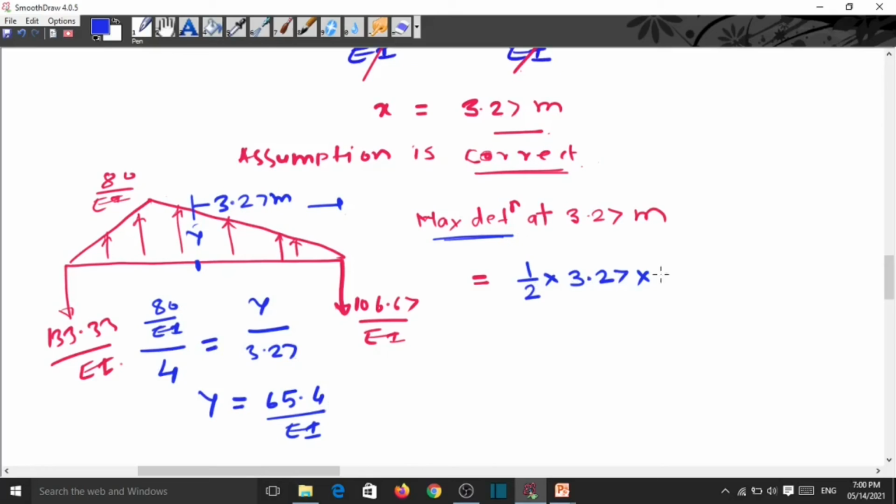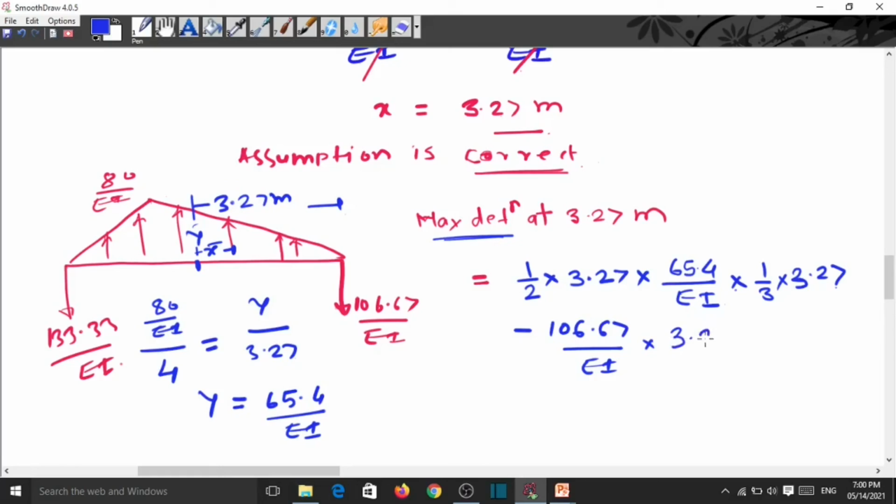So 1/2 base into height 65.4 divided by EI, now into distance x bar, that is 1/3 of 3.27, and this creates the hogging bending moment, so that is minus 106.67 divided by EI into 3.27.